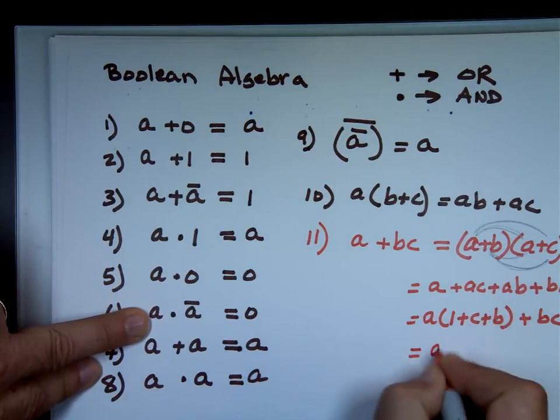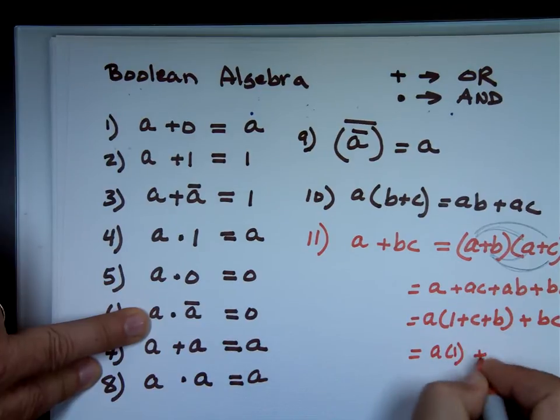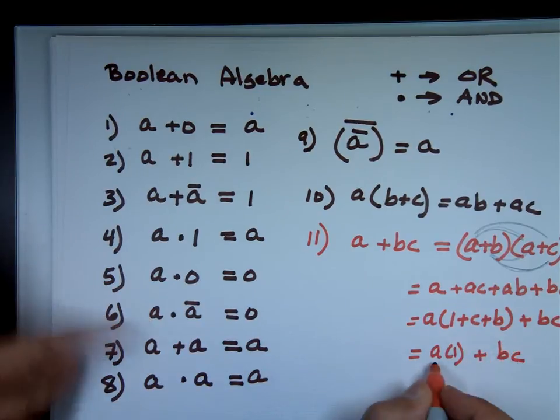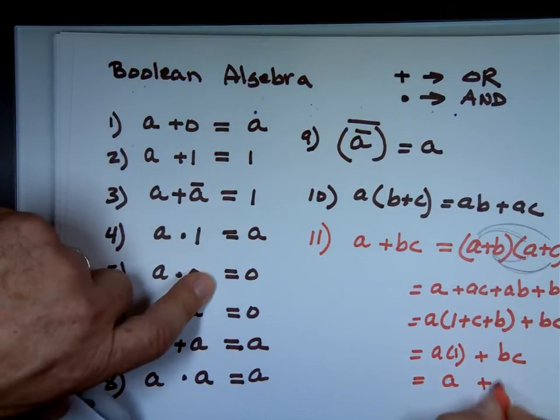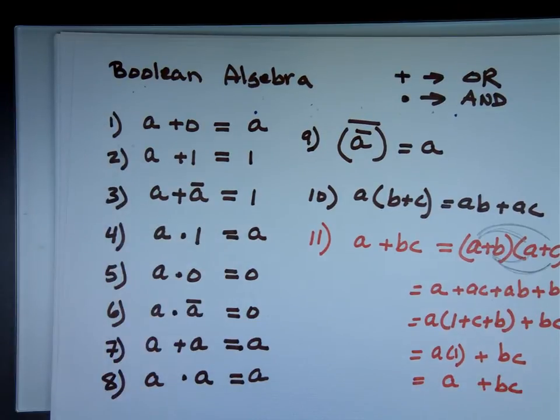So that's A and 1. And A and 1, where is it? Right here, which is what? A. So that's why that's equal to A plus BC. So A plus B times A plus C is the same as A plus BC.